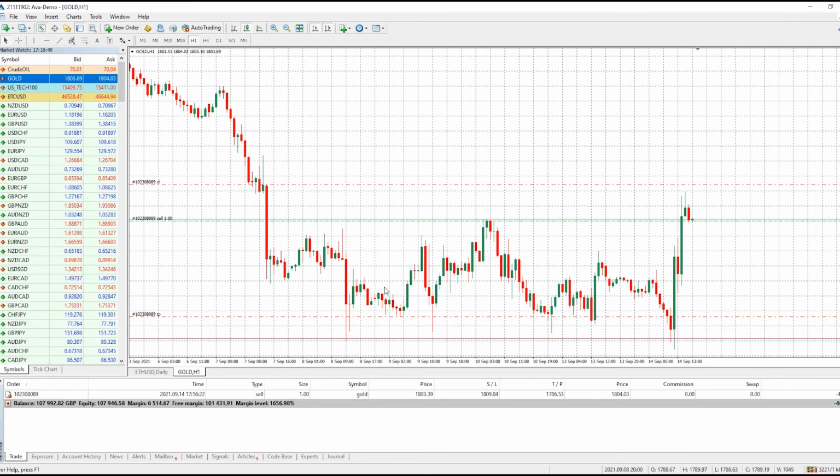Support, up, support, up, support, up, support, up, and support one more time, up. So this support level down here around 1782 has held once, twice, 3 times, 4 times. It's been tested 4 times.